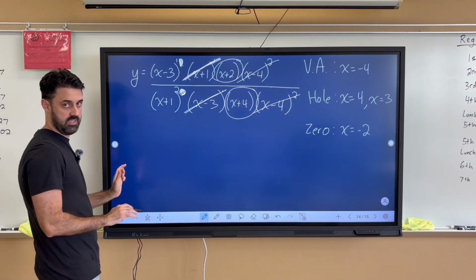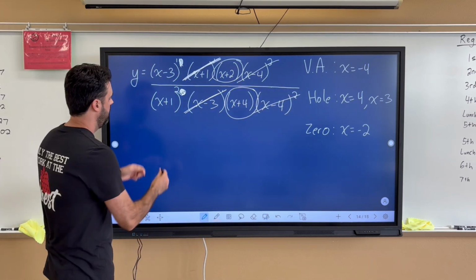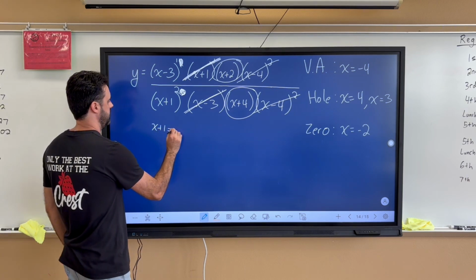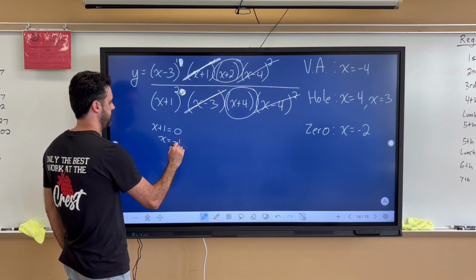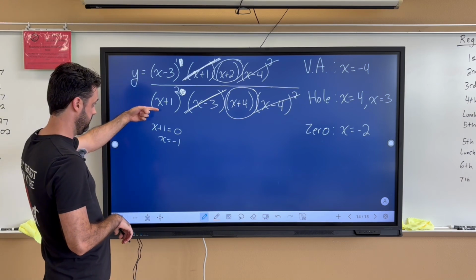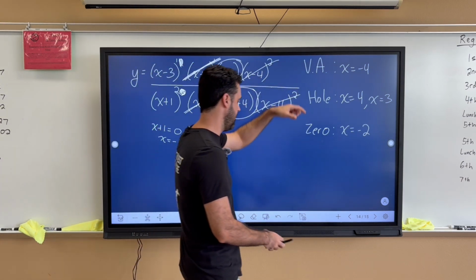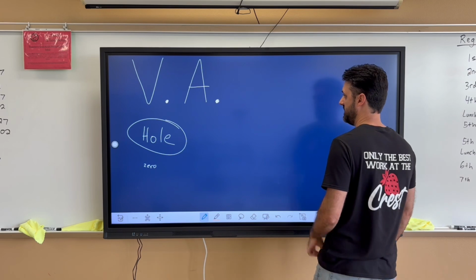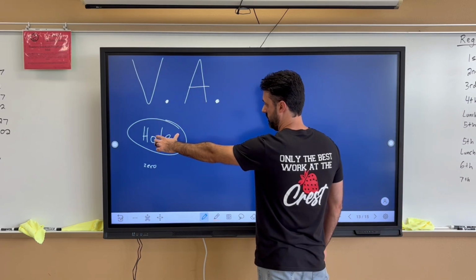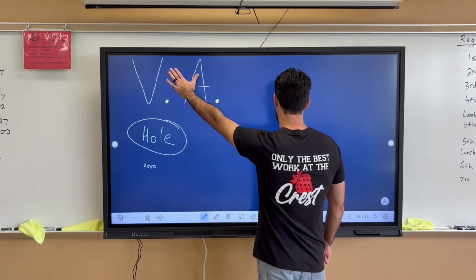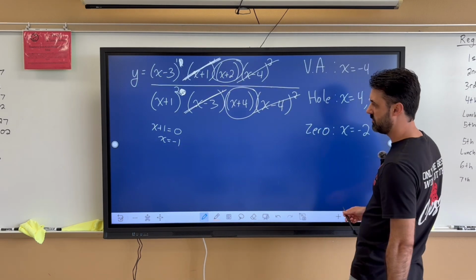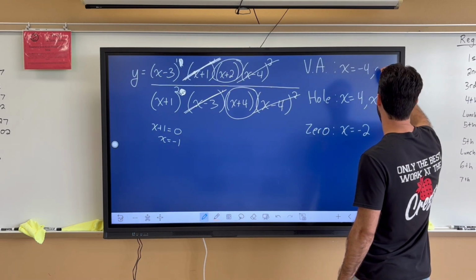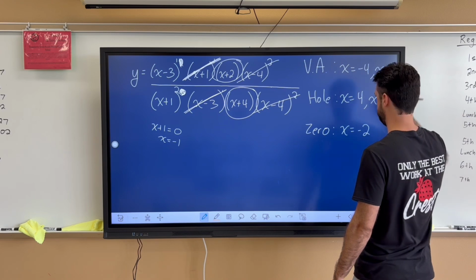It can't be both at the same x coordinate. So we're going to set x plus 1 equal to 0. That's going to give us -1. And because it's in the bottom, and that's how we get the vertical asymptotes, when something looks like it's a vertical asymptote and a hole, it's just a vertical asymptote. So at x equals -1, there's also a vertical asymptote.